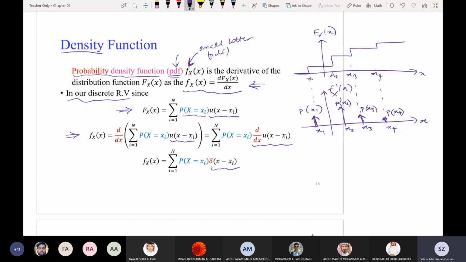So the CDF for discrete random variables looks like a staircase function. For discrete random variables, the PDF looks like fingers or deltas, shifted deltas, where each delta has a length equal to the probability of that number.